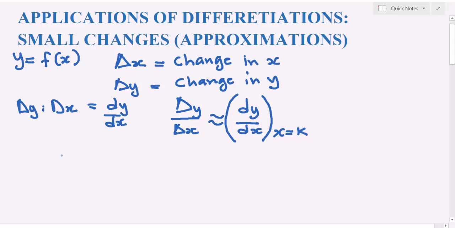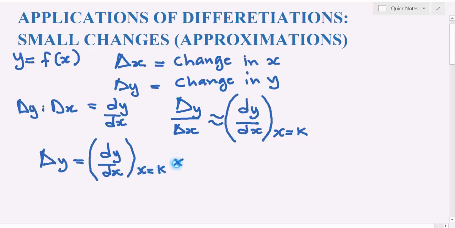Hence, we can find the approximate change in y, which can be given as dy/dx at the value where x is given, times delta x. This we will call our formula for the calculation of small changes.